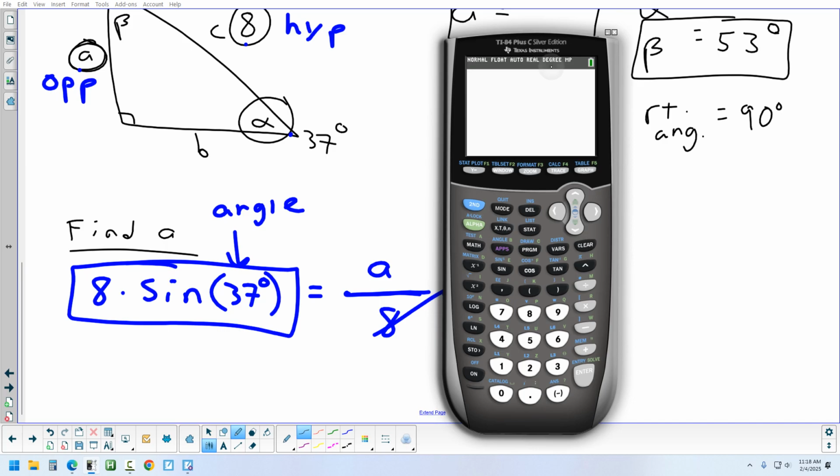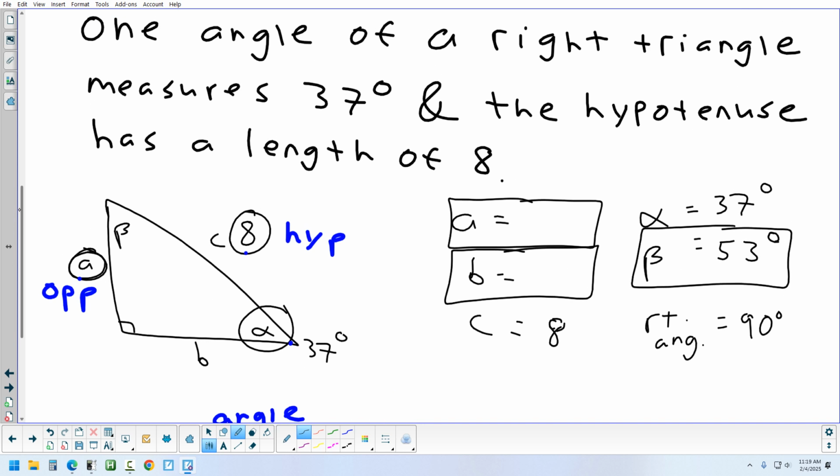Okay, so I'm in degrees. If you're not, you can press mode and you can change it from radians to degrees. Okay, so type in 8 sine 37, and that gives you an answer of 4.815. Okay, that's A.